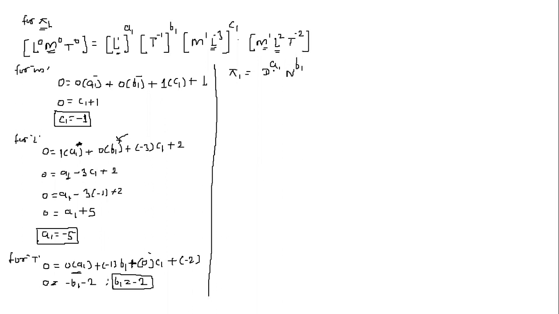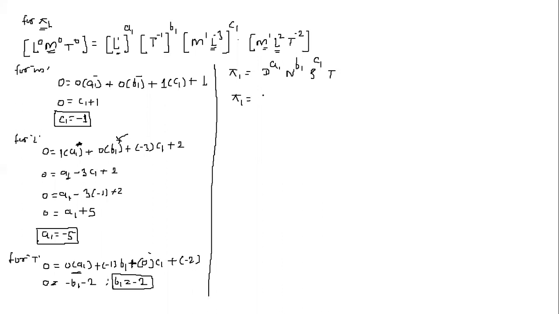If we fail to write the sequence, the sequence that we wrote last time while writing dimensions must be followed here. If this sequence goes wrong, the whole equation combination comes out wrong. So D raised to A1, N raised to B1, into rho raised to C1, density raised to C1, into torque T was there. Now what we have to do is put in the powers.